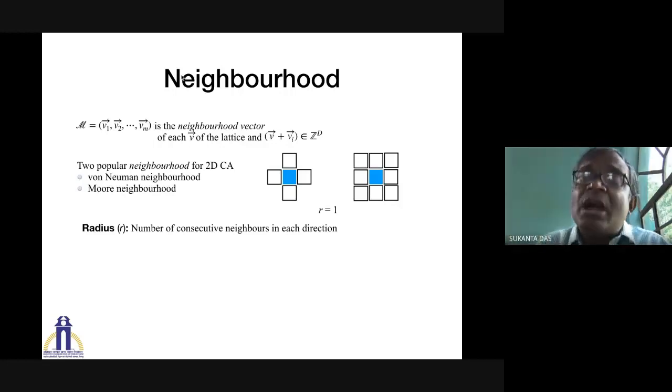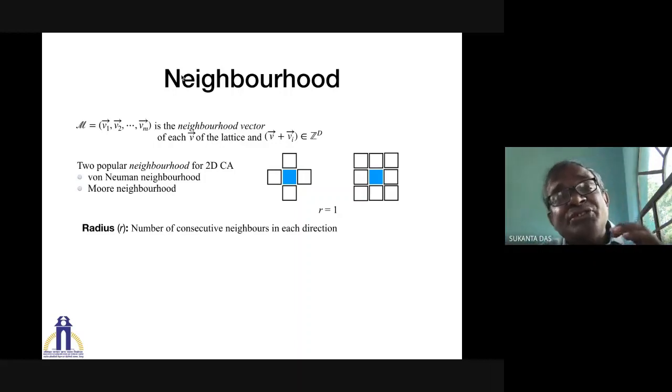If there are R neighbors in the upward direction, there will be R in the downward direction. This uniformity is everywhere in cellular automata. Therefore, instead of a neighborhood vector, we can get the neighbors of a cell using a radius. For 1DCA it is very simple, but for 2DCA with the Moore neighborhood, I can get the radius too.